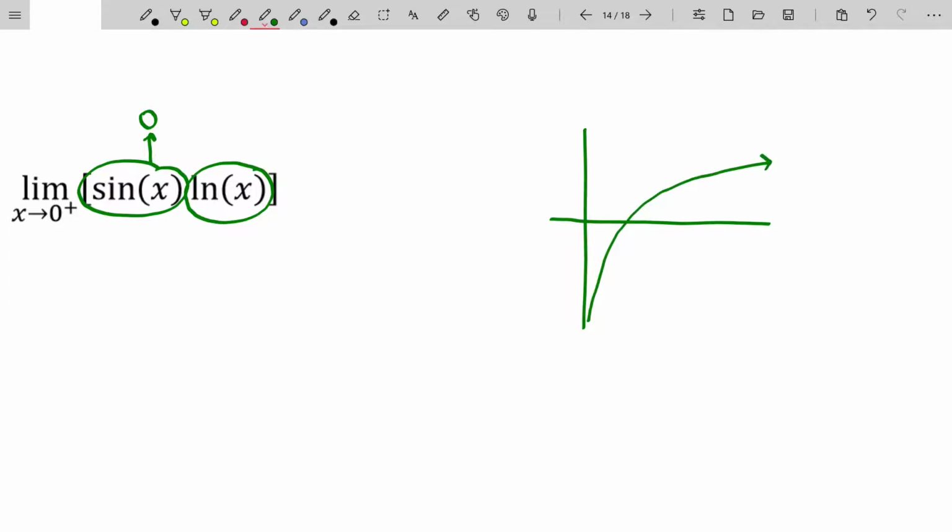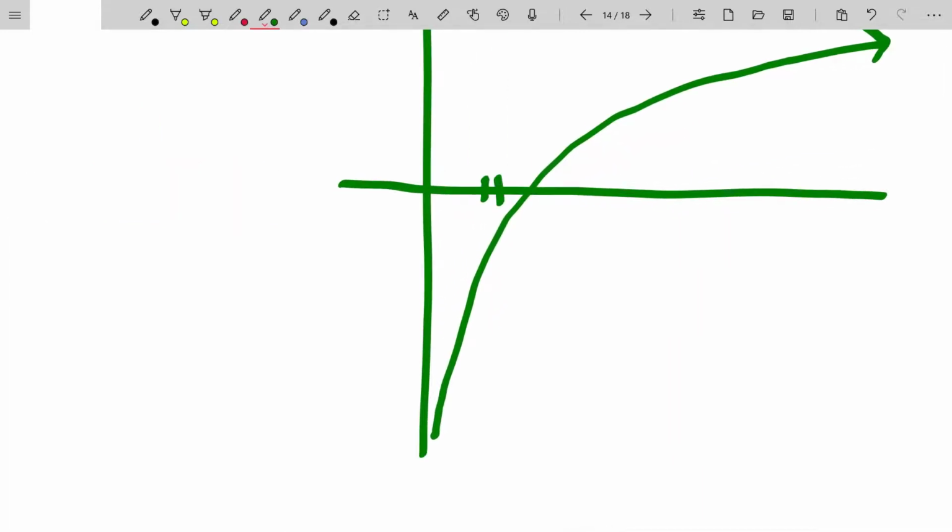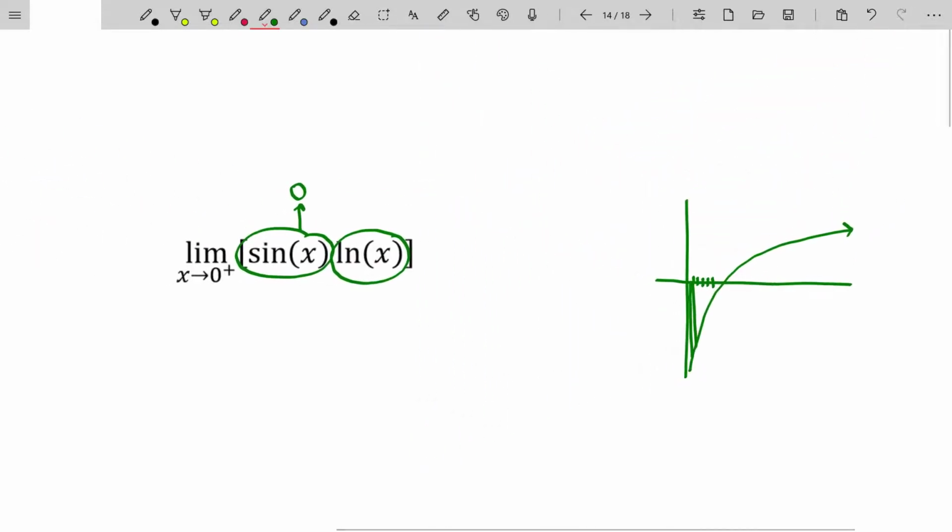And as our inputs approach 0 from the right-hand side, our outputs are diving down to negative infinity. So this is 0 times negative infinity. And it's not actually 0 times negative infinity. It's something approaching 0 times something approaching negative infinity. So we have to manipulate this.